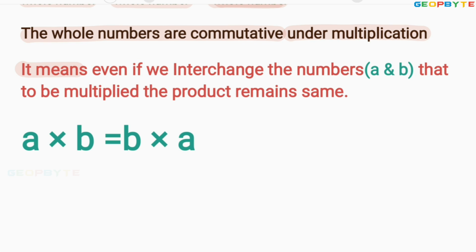It means even if we interchange the numbers A and B that are to be multiplied, the product remains the same. That means A into B is equal to B into A. That is about the commutative property for whole numbers under multiplication. I hope you clearly got my point.